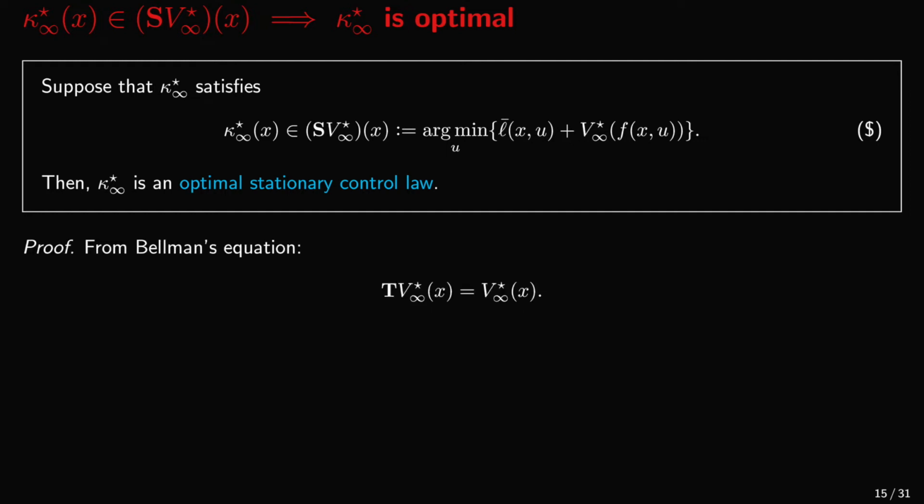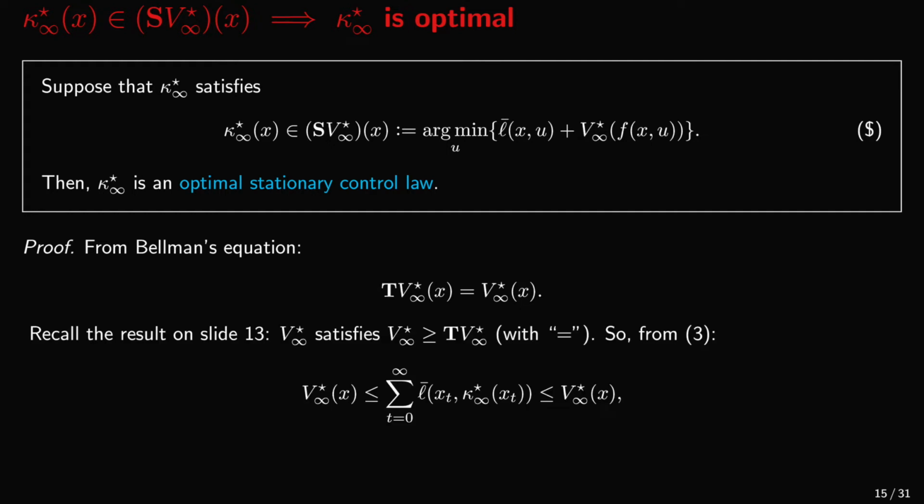We start with Bellman's equation, from which we have that v infinity star is equal to t of v infinity star. Recall the result on slide 13. We have that v infinity star is an upper bound to t of v infinity star. In fact, the inequality is satisfied as an equality.